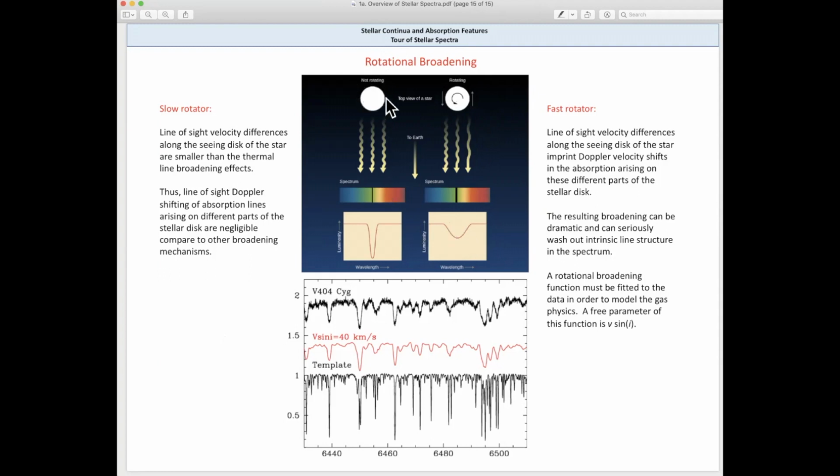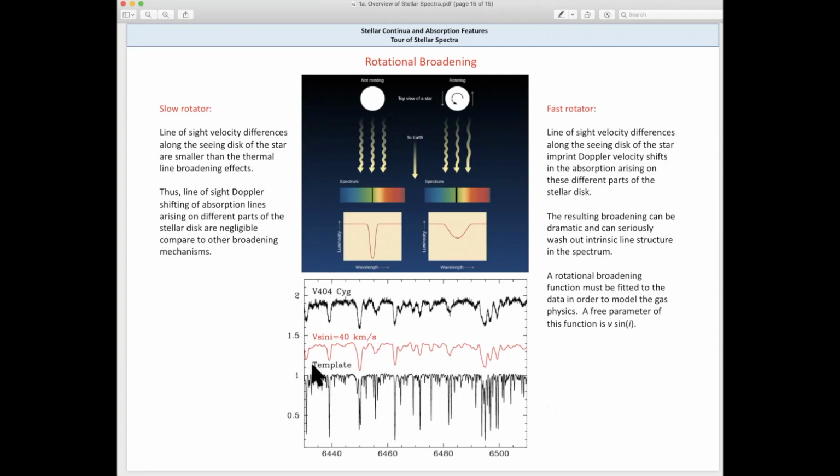Whereas if your star is not rotating, then all the photons come out and your line really has the shape of the physics of the atmosphere only, and you get this narrower line. And so in fact, in addition to pressure broadening, in addition to thermal broadening, you can get rotational broadening. Here's an example of a template star with no rotational broadening.